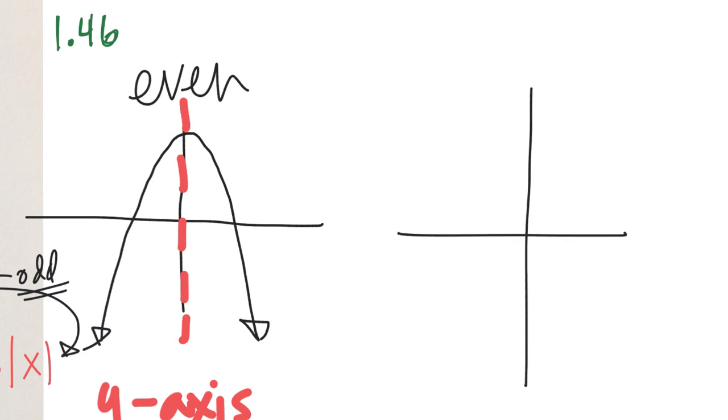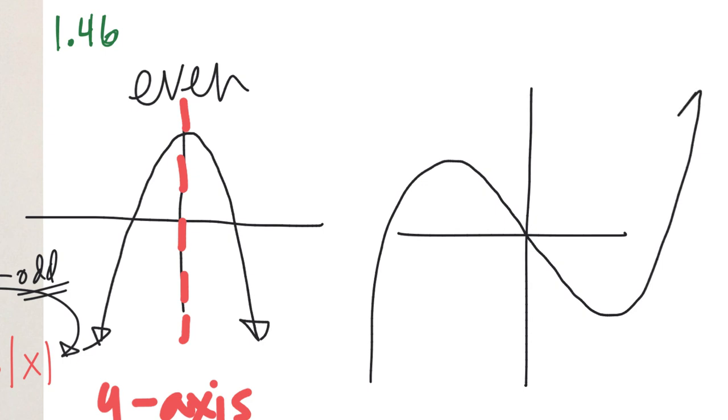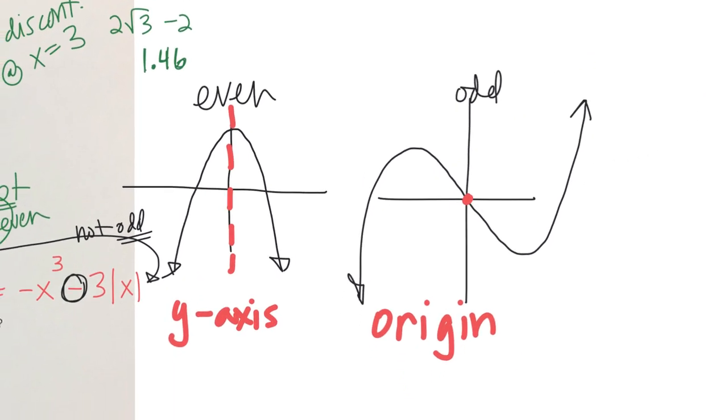And for odd functions, they pretty much always have to go through the origin, because in order to have origin symmetry or rotational symmetry, we have to go through the origin. So odd functions have origin or rotational symmetry. If we spin them upside down, they look the same as they did beforehand.